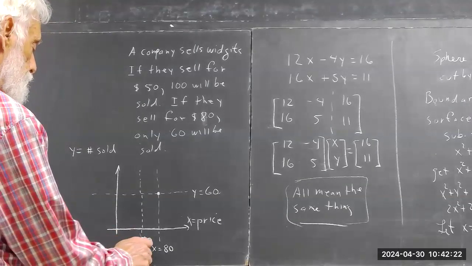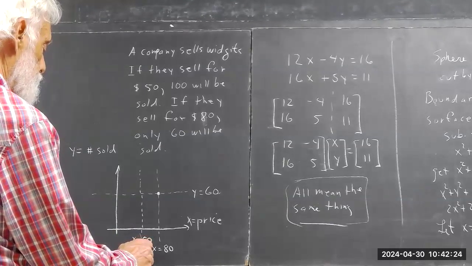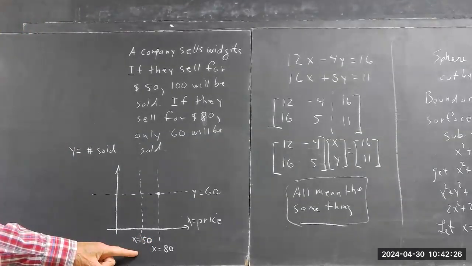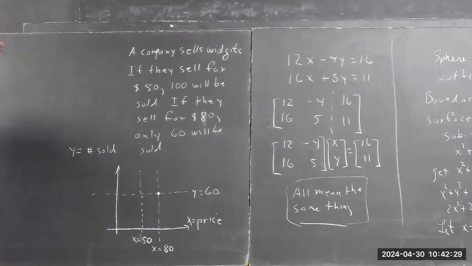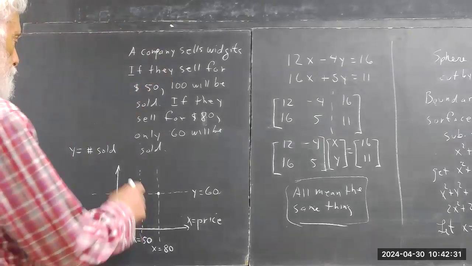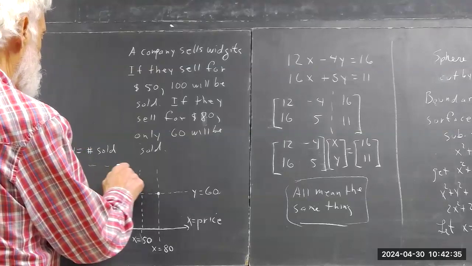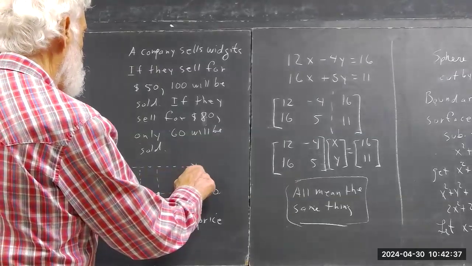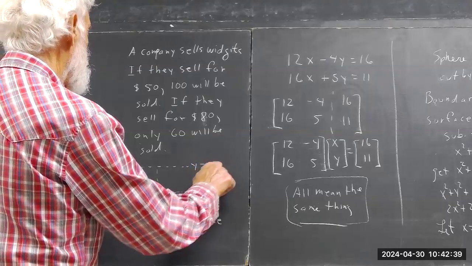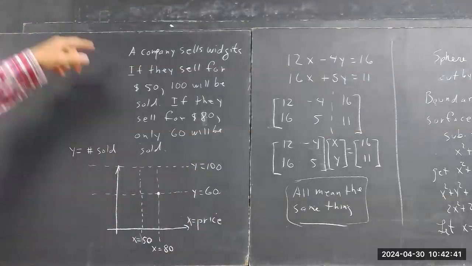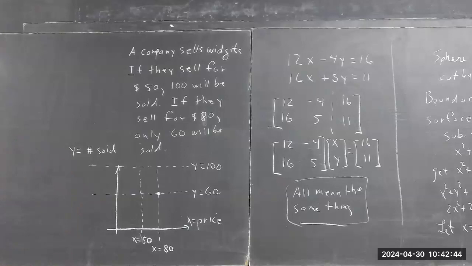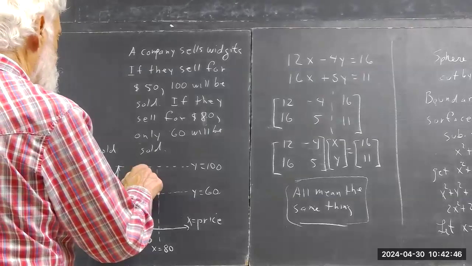Rid of that one little line. So x is 50 here. And we're going to sell 100 of them, so we need y equals 100. Now 60 is here, 120 will be up here, 100 be about here. This means I probably should have made my y-axis a little higher, but you can see what's going on. And now we got a point here.